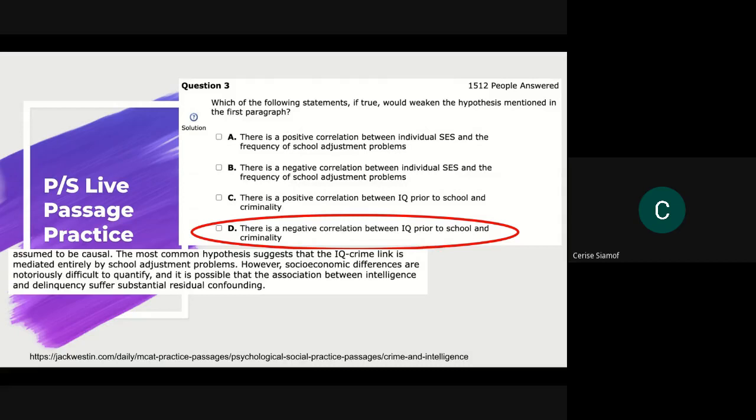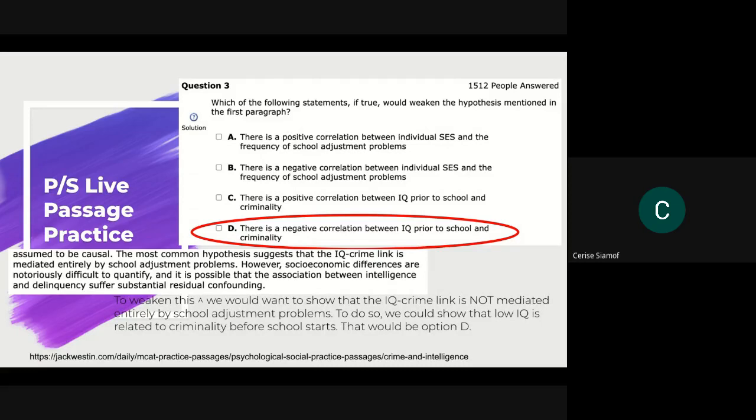And so then we're down to C and D. I say they don't answer this question because the hypothesis is about the IQ crime link, or IQ and school adjustment problems. It's not to do with individual socioeconomic status and school adjustment problems. So the correlations that are described in A and B wouldn't help us answer this question. So that leaves us with C and D.